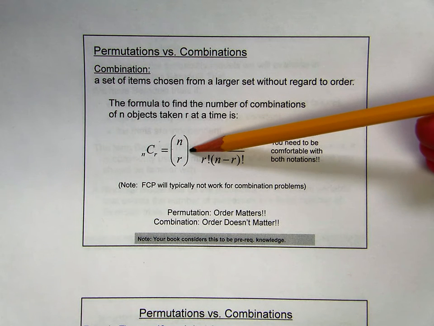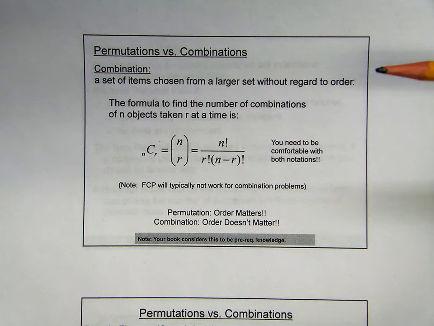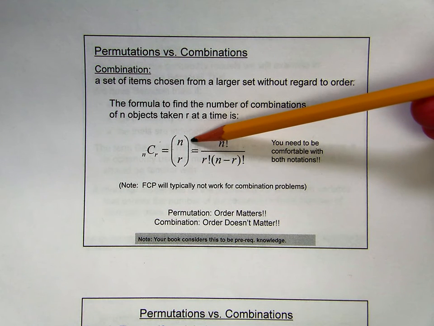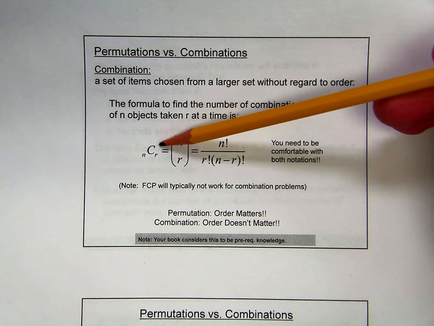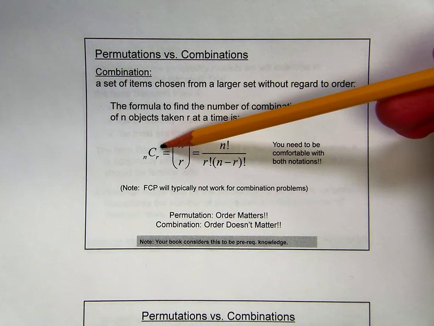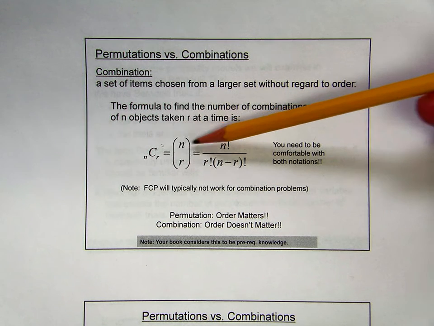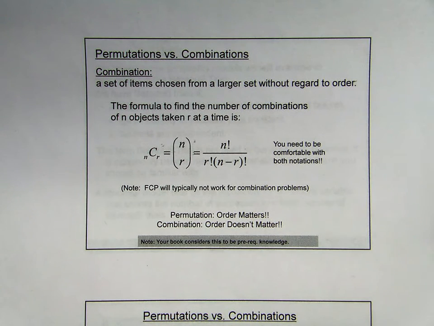This is assumed to be a combination. This is actually the way it appears on the formula sheet for the AP statistics exam. This is a little bit more convenient because it matches the calculator keystrokes, which we'll get to in a moment. But you have to be comfortable with both. It's a very similar formula.